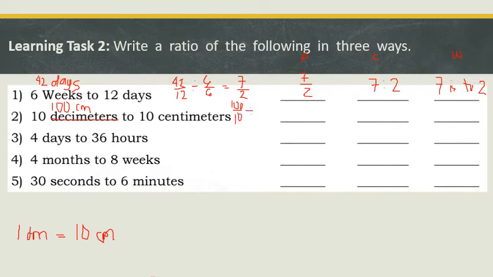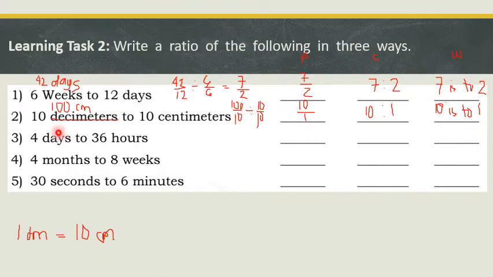Ang kanilang GCF is 10. Pag dinivide natin, ang 100 divided by 10 ay 10. Ang 10 divided by 10 is 1. So, ang kanilang ratio is 10 is to 1. Pag colon form, ganun lang ulit. Sa word form, 10 is to 1.